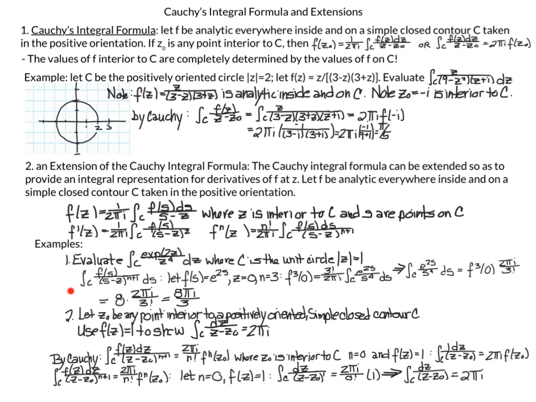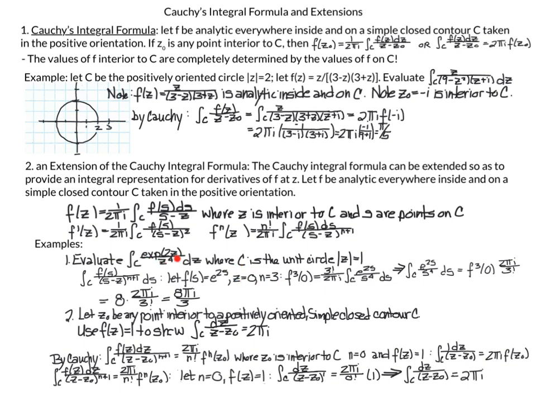Well, we did this example here where we evaluated the closed contour C integral of e to the 2z over z to the 4th. And we used the Cauchy integral formula for the nth derivative. We let f of s equal e to the 2s. We set z equal to 0, since this is z to the 4th, it's not z minus any number, so 0.